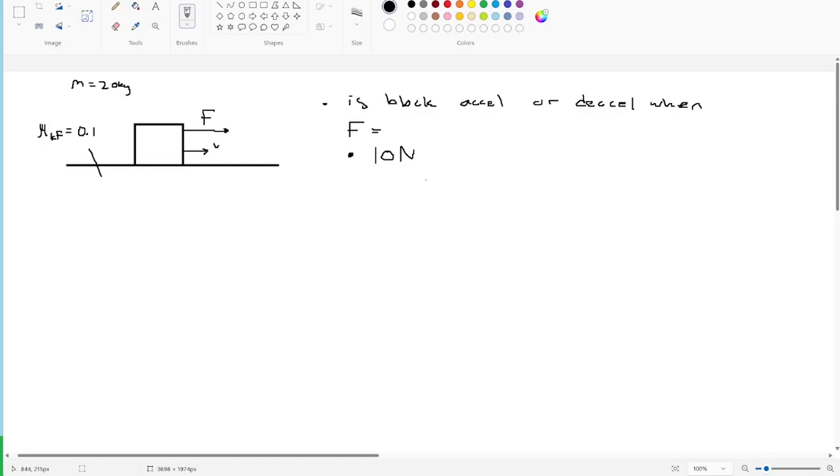So go ahead and pause the video, see if you can solve for this. Alrighty, so how we'll do that, we'll go ahead and define the coefficient of kinetic friction as equal to force of kinetic friction over normal force. Let's go ahead and draw vectors.